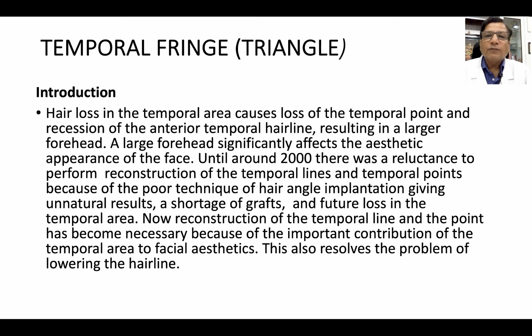Means horizontal framing of the face is done by the temporal fringe or temporal triangle, and vertical face limits are decided by the location of anterior hairline. A larger forehead significantly affects the aesthetic appearance of the face.